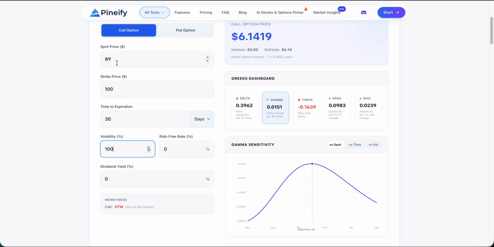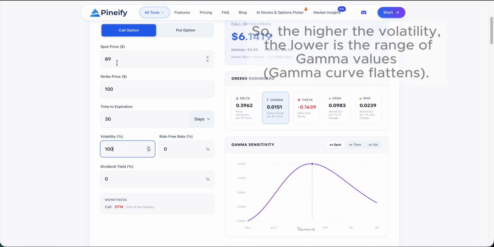So the gamma peak does not grow as volatility rises. It actually shrinks the whole way as we go from 10% volatility to 100% volatility. And what actually happens is that the gamma curve flattens.